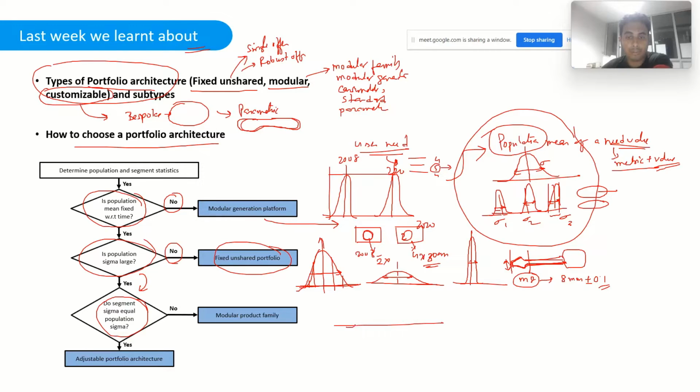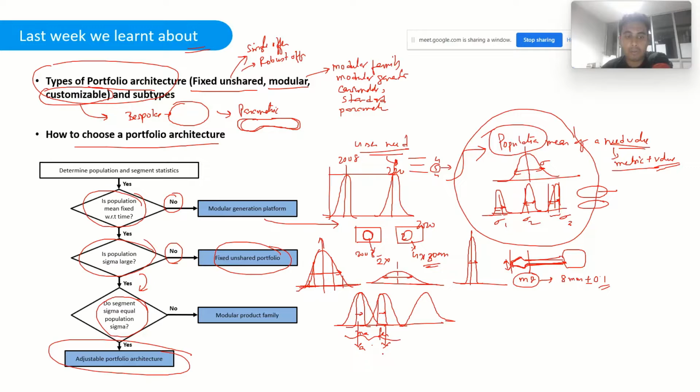So if your individual customer segments, like male and female, have standard deviations that are the same as the population, for example, if the segment standard deviation has a similar width, that means we need to have an adjustable portfolio architecture, because in order to capture each of these segments, we cannot come up with one precise fixed and shared portfolio architecture.